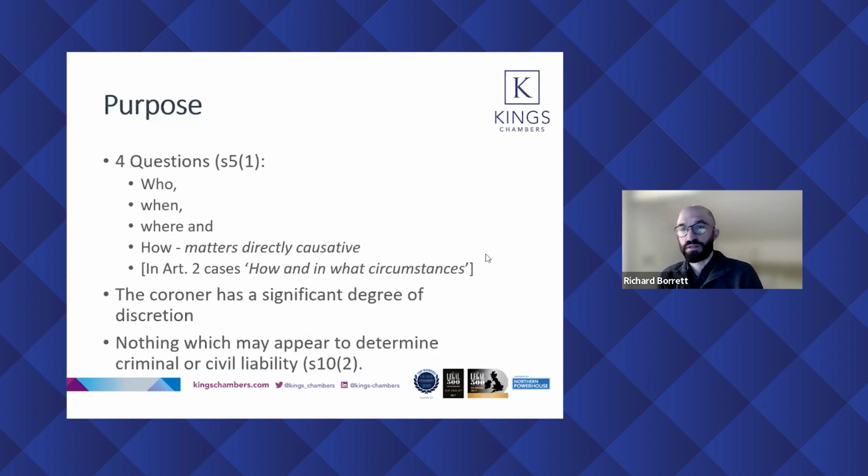The final, the most important question is how that person came by that death. Again, there's debate in case law and between coroners sometimes as to what exactly that means. On one view, it simply means by what means, what was the cause of death. But realistically, in practical terms, it has to mean more than that, because the coroner is going to be considering prevention of further deaths letters.